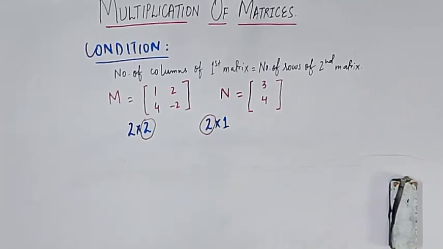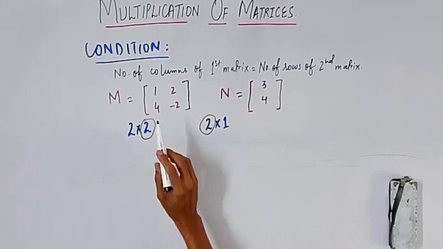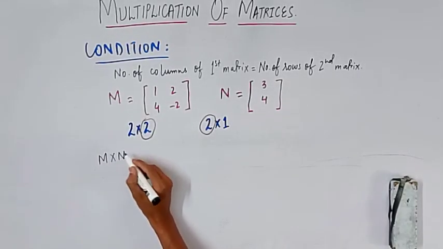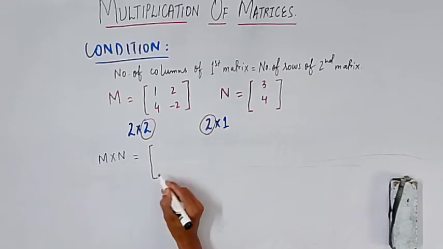If you want to multiply these two matrices, the order is very important. You are multiplying M by N, so you will write M first.